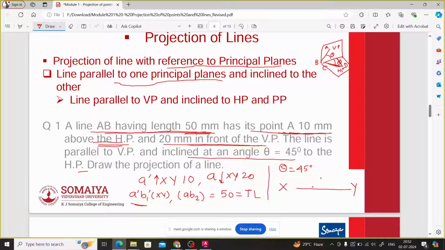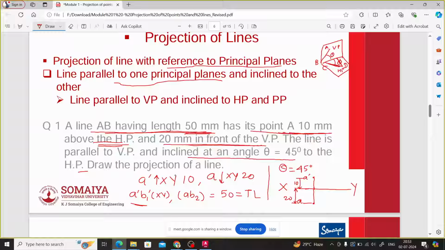We should locate the point A dash first. This is the point A dash, at distance 10. Then exactly below it we get the point A, at distance 20. This is A dash, this is A.